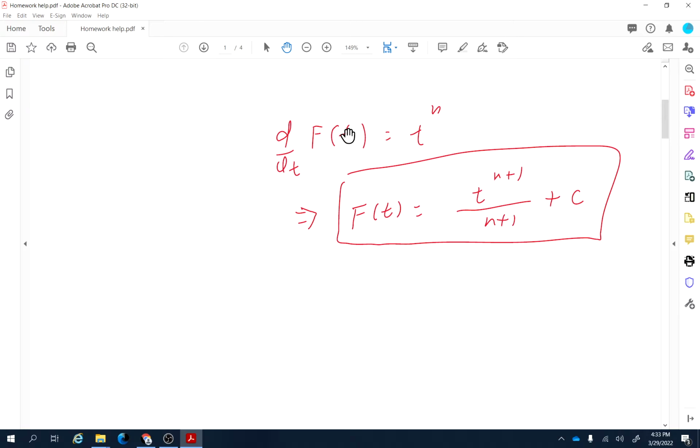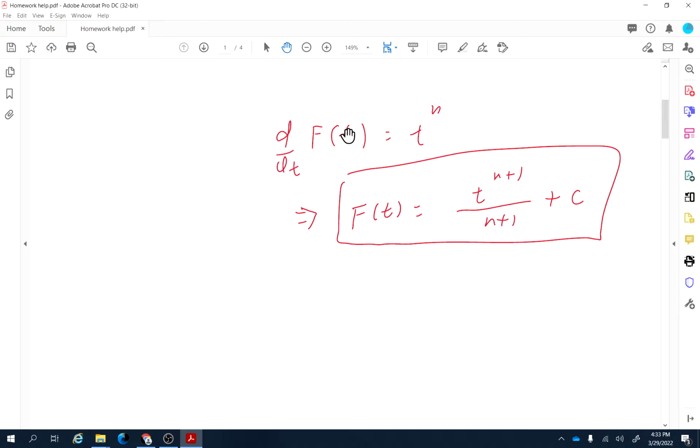Because there are two reverse processes, I'm using c1 as the first constant. Okay, so that is the first equation I can get.